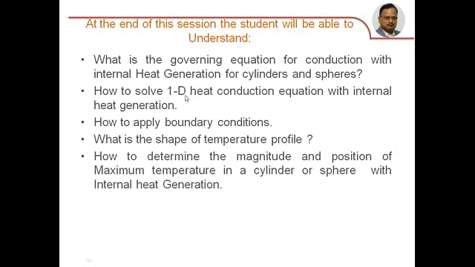Applying these two boundary conditions you can solve the temperature distribution. You are getting a logarithmic term or a reciprocal term in terms of radius, so the temperature profile is hyperbolic in nature.